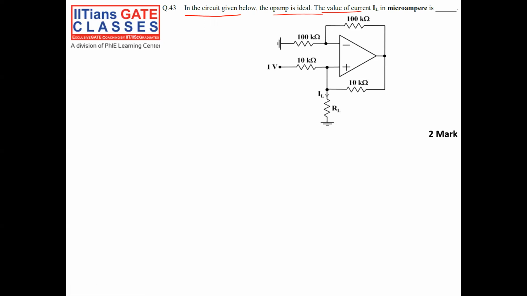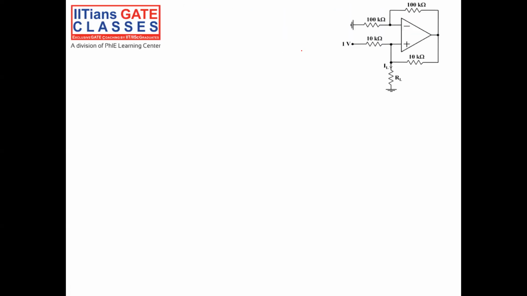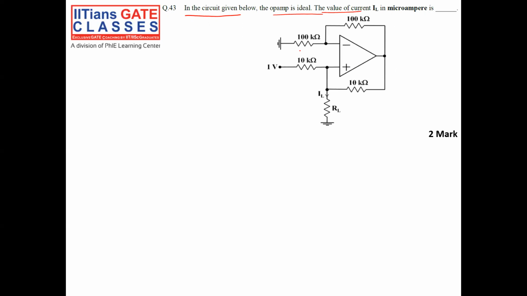It has both negative and positive feedback, right? But the feedback factor for negative: V0 into 100k by 100k plus 100k, equal to 1 by 2, right? What is beta positive?